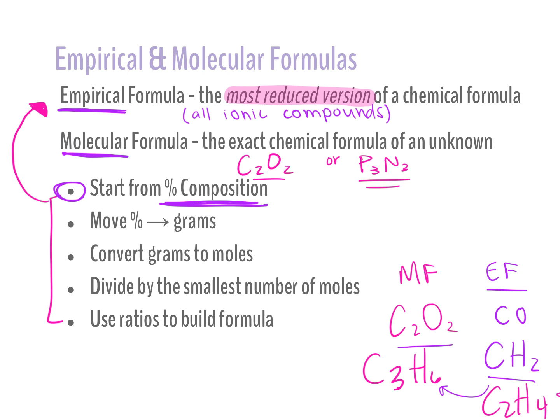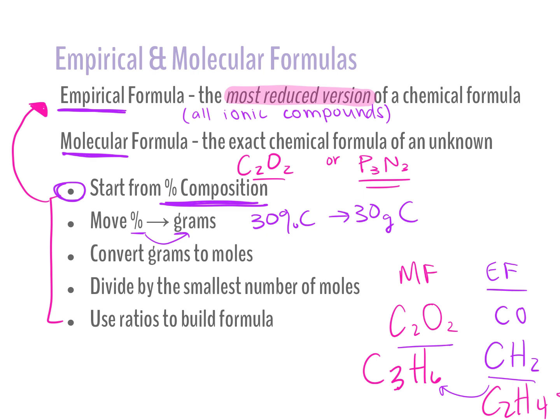So what we're going to do is just move our percentage straight into grams. If it says 30% carbon, we're just going to relabel it as 30 grams of carbon. And we're going to assume that the sample we're working with is 100 grams. So our percentage is split up exactly like that, and we get to just look at ratios here.